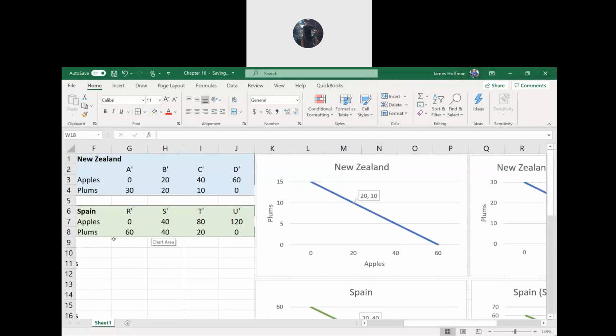So wait, so plums 0 to 60 in increments of 20.